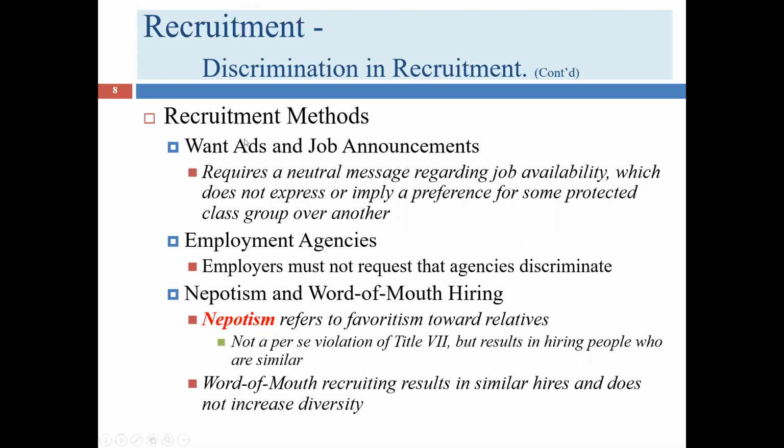So here are some common tools that HR professionals use. One, of course, are some type of want ads or job postings. You'll want to be sure that when you list this, that your message is general. So you don't want to say salesman, for example. You'd want to say something like salesperson, or sales professional might even be a better term.